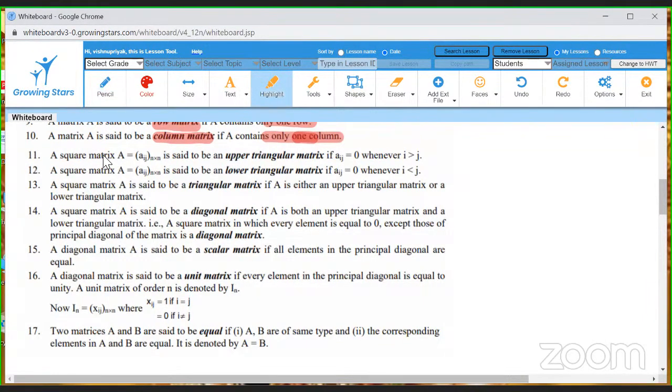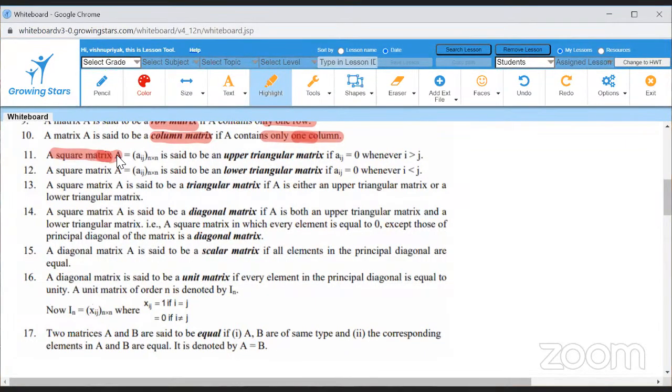There is something called a square matrix A which is an upper triangular matrix.